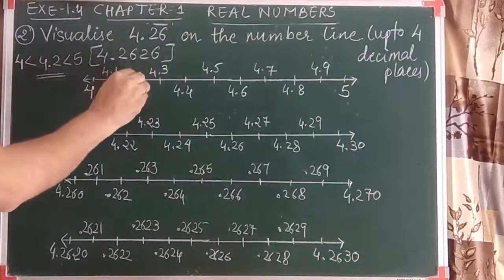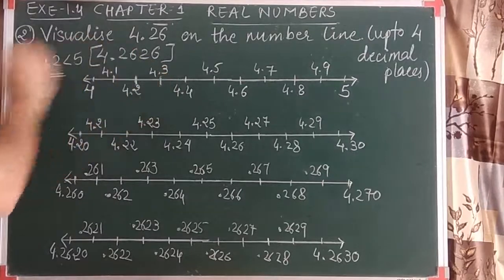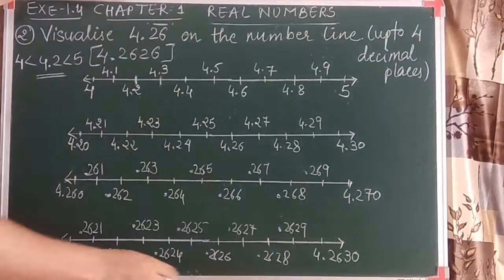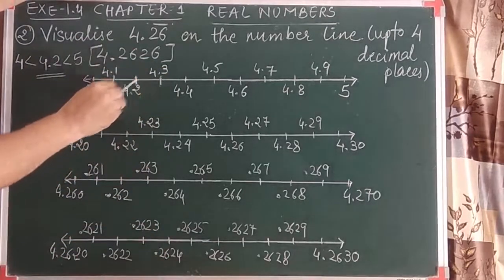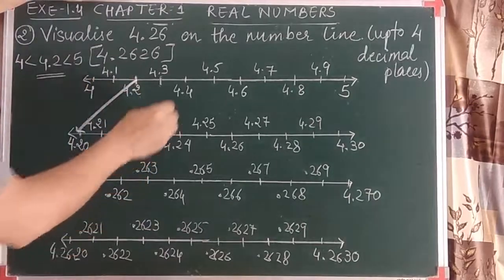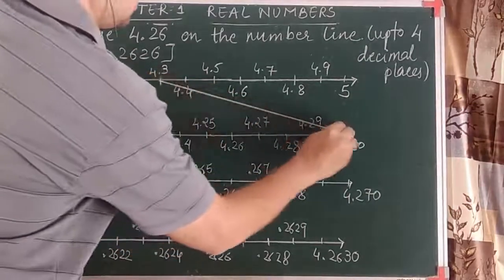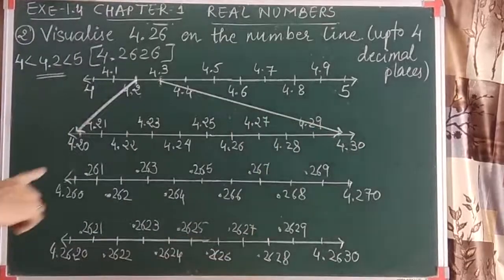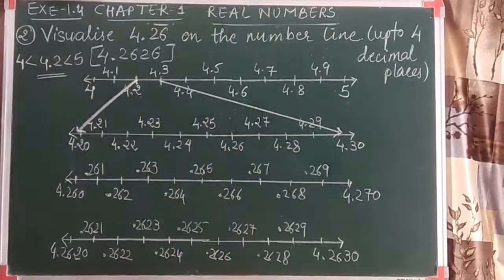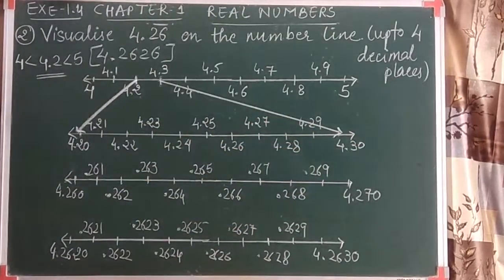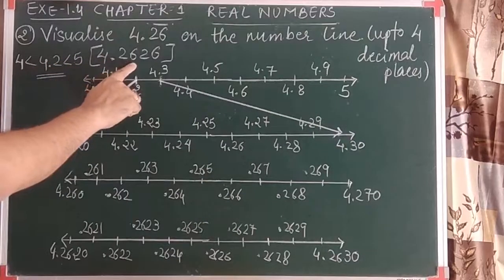So this is 4.2 and the next is 4.3. So this number lies between 4.2 and 4.3. Now one more digit, 4.26.